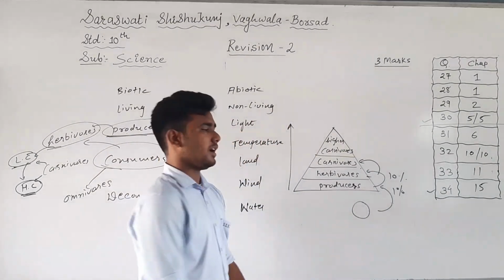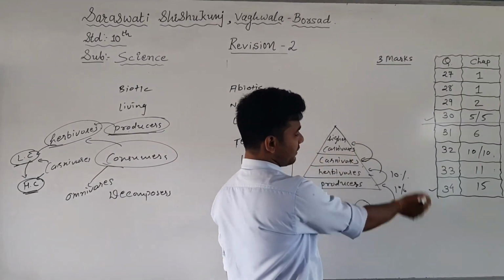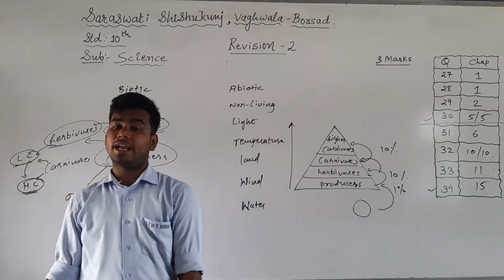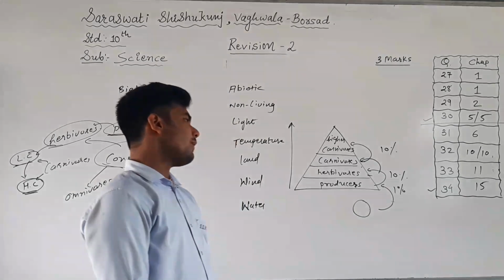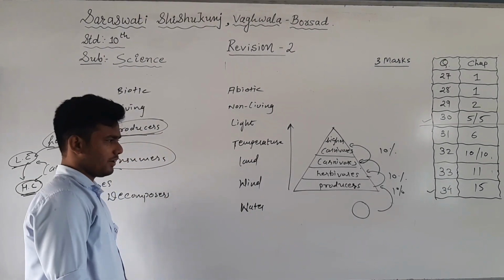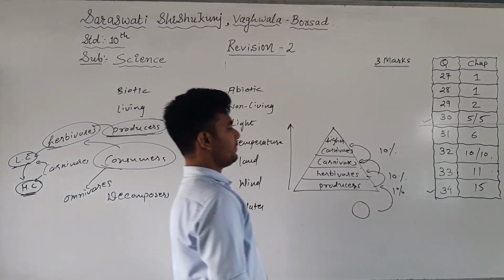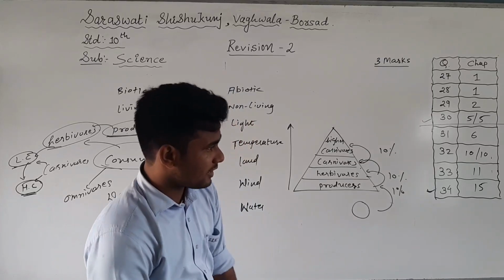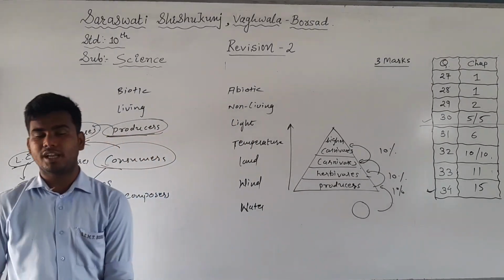The same is done by carnivores, and they transfer 10% of energy to the next trophic level. This is called the 10% rule. So that is also an important one. Also the biological magnification that we have studied.